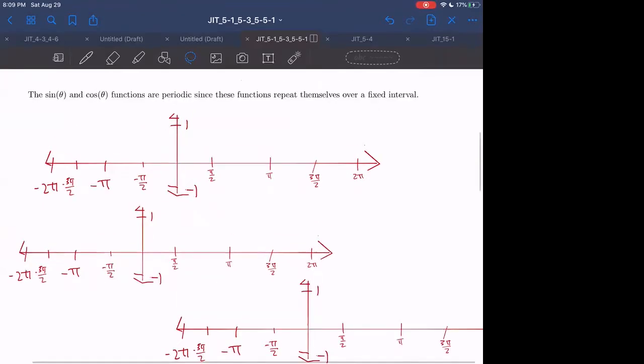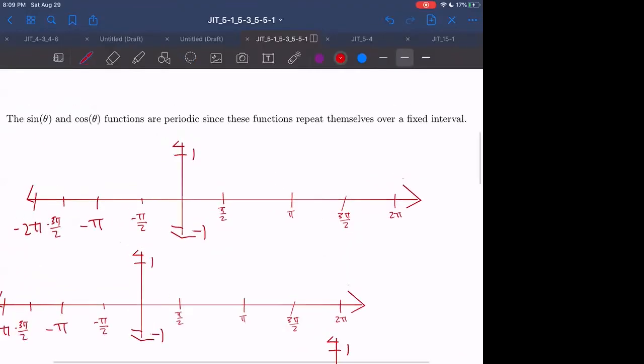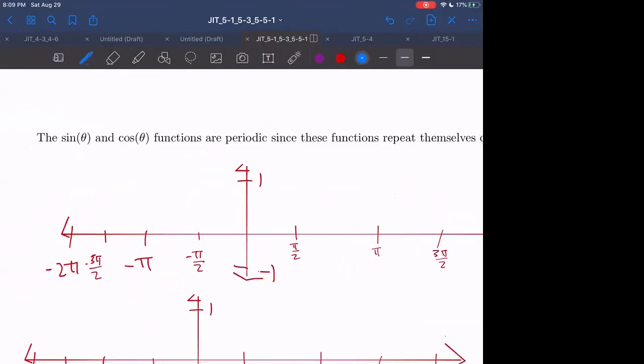Our first function, we'll graph cosine first. So cosine of theta, it'll look like this.